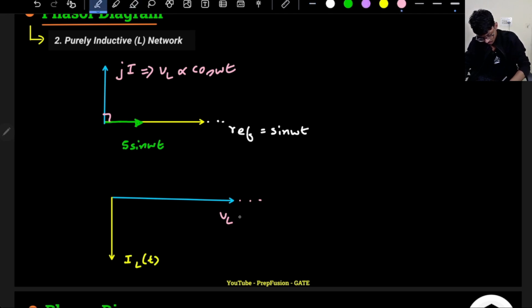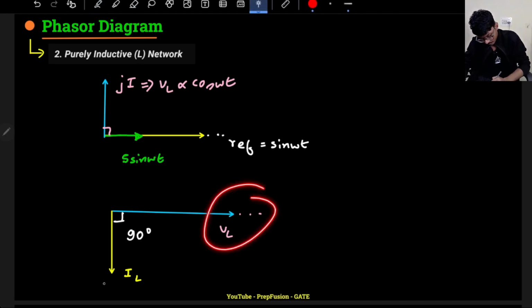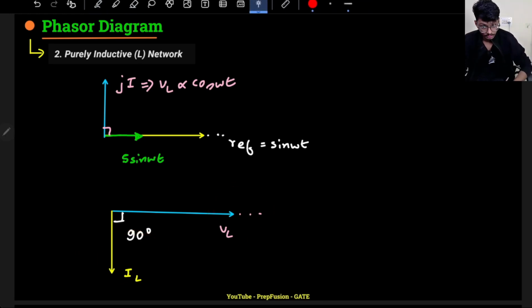So voltage is here and current is here, right? This is the normal phasor diagram that you see.